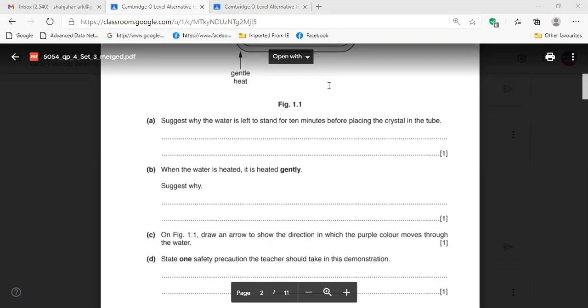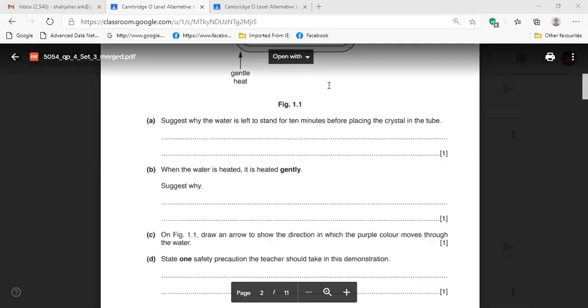Then if it is so fast, you will not get time to observe clearly how the convection current is occurring here, right? Is it clear to all of you? Yes, sir.